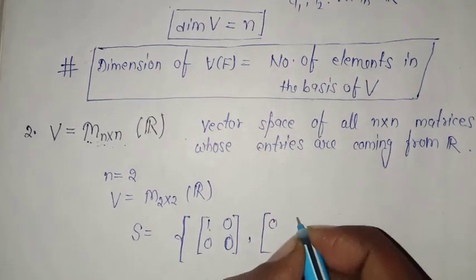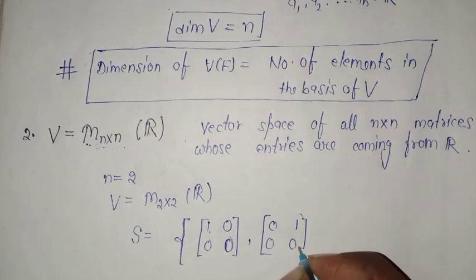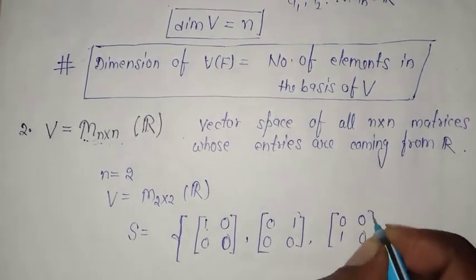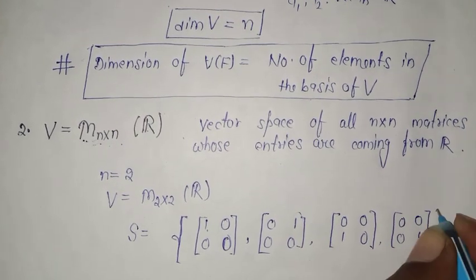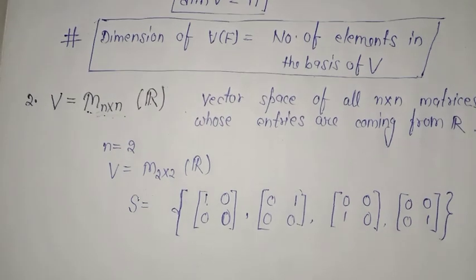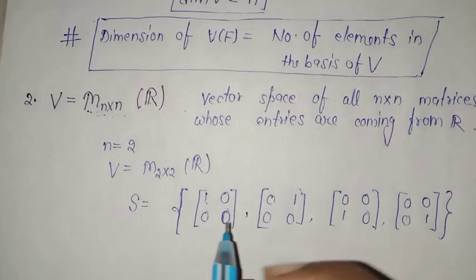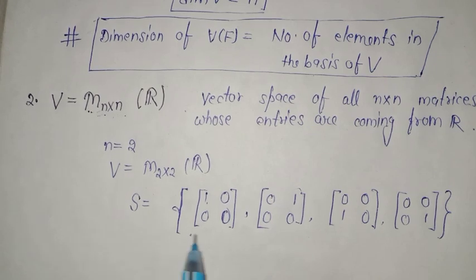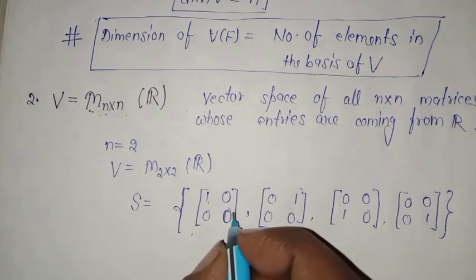In the second case we take unity at the second place and the other places 0, that is (0 1; 0 0). Similarly, (0 0; 1 0) and (0 0; 0 1). So this is a subset of the vector space V. Now we need to check whether it is a basis. If it is a basis, the number of elements in this set becomes the dimension of the vector space V. So let's check it out.